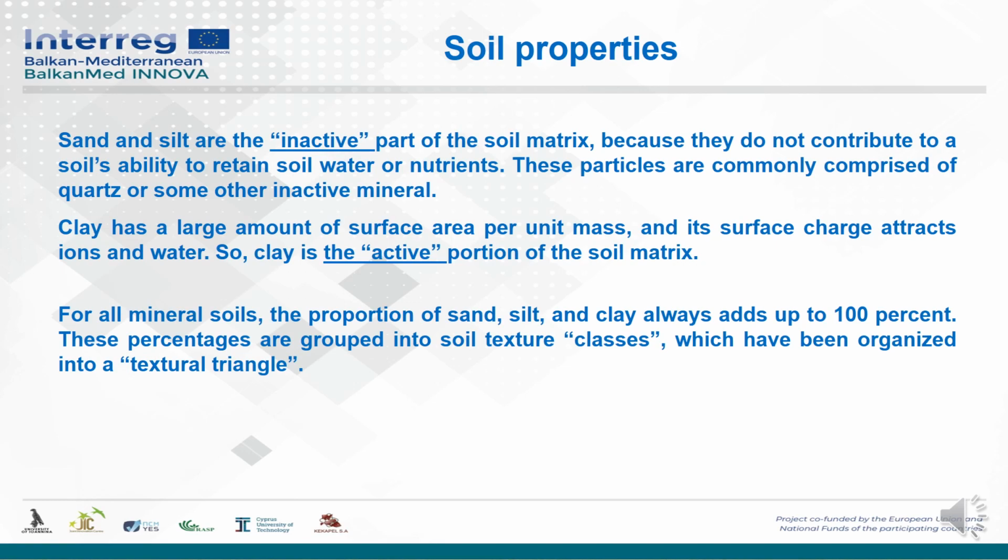So, clay is the active portion of the soil matrix. For all mineral soils, the proportion of sand, silt, and clay always adds up to 100%. These percentages are grouped into soil texture classes, which have been organized into a textural triangle.